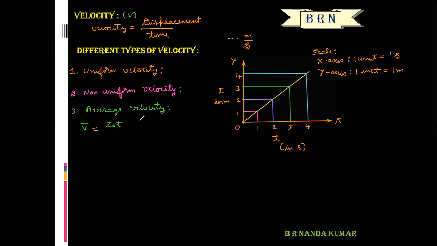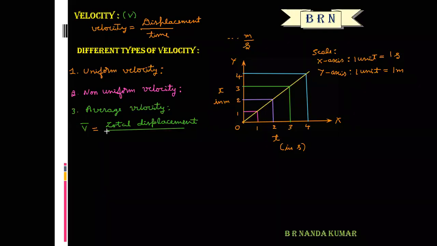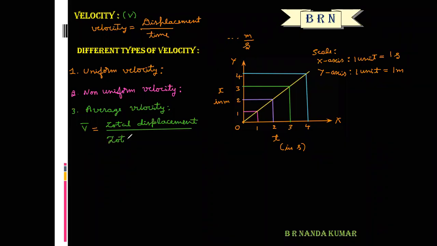Okay, so average velocity is equal to total displacement divided by total time taken. Here, first let us choose the two observation points.